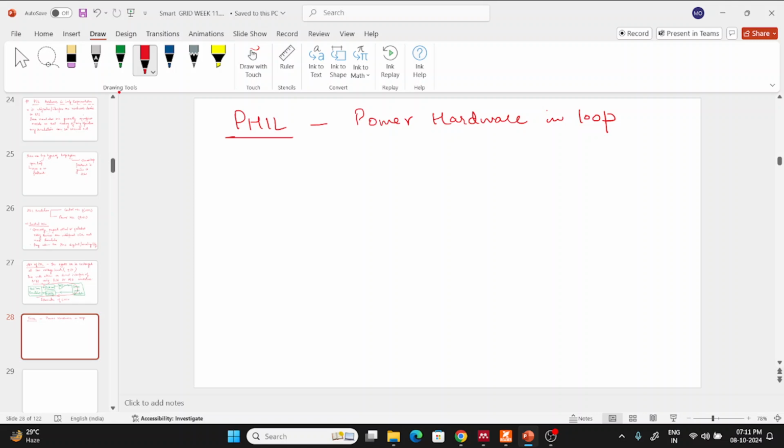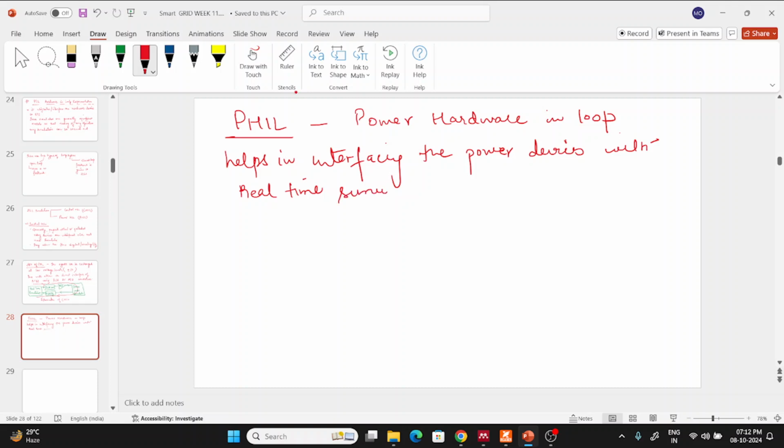It is actually helps in interfacing the power devices with RTS, with real-time simulator. Okay.